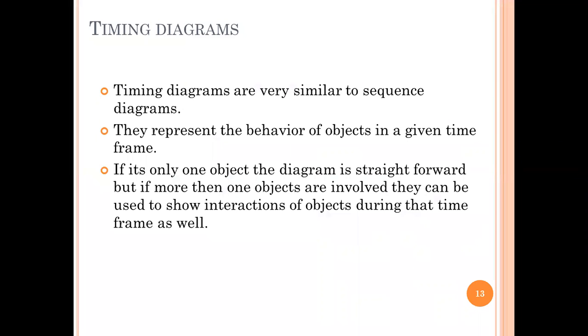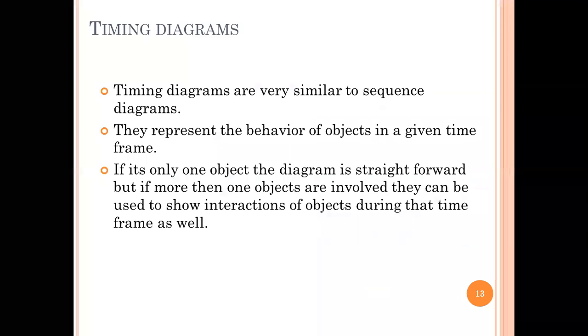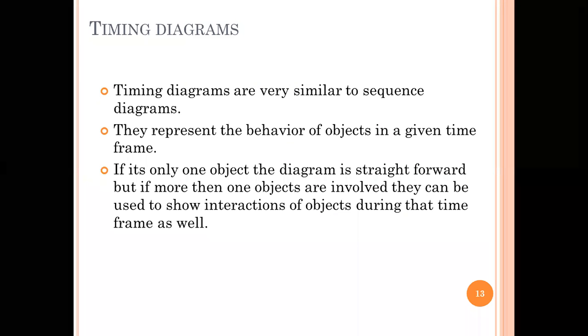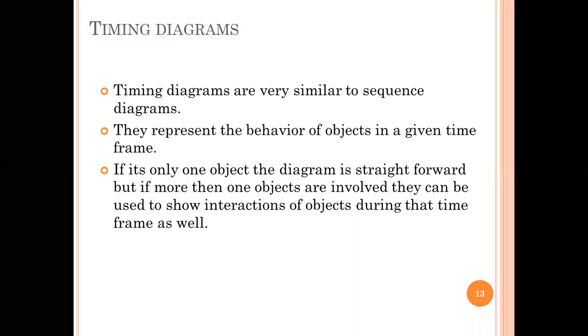Then the next one is timing diagrams. Timing diagrams are very similar to sequence diagrams. This diagram represents the behavior of objects in a given time frame. Whenever we are going to develop any software, there is a time period. At the start we are going to gather the requirements from the customer and analyze those requirements. These are the stages of the software development life cycle.